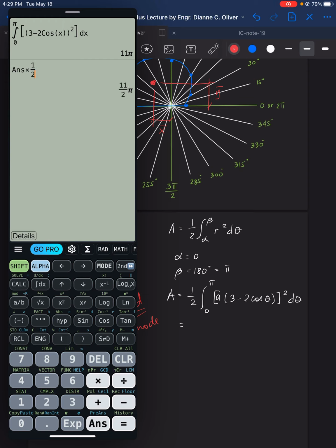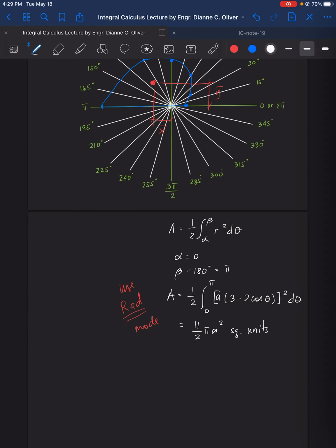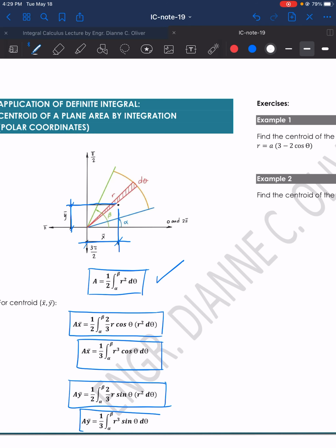That is 11. So area is equal to 11 over 2 pi a squared square units. So we were able to get the value for area.